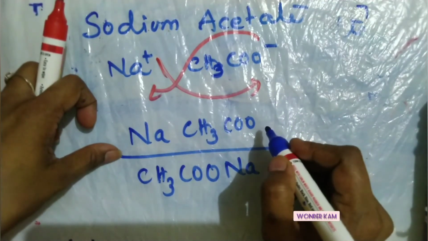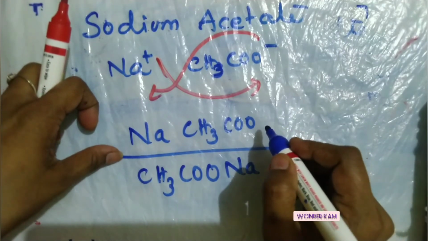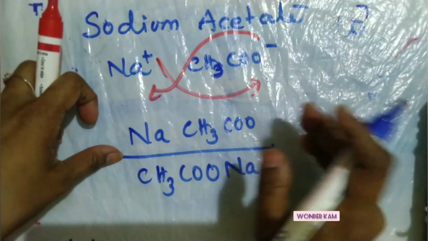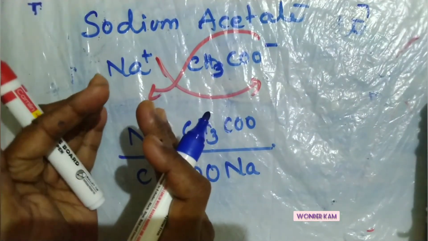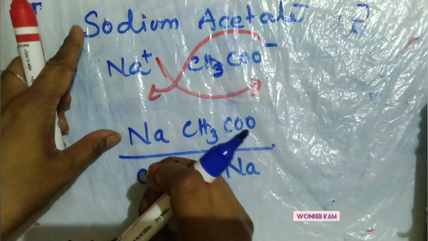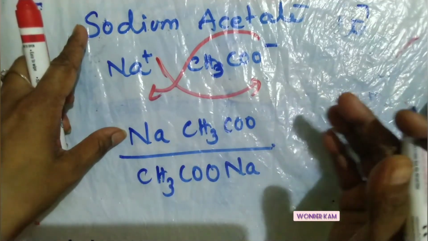In inorganic chemistry we write the metallic ion first, followed by the negative ion.